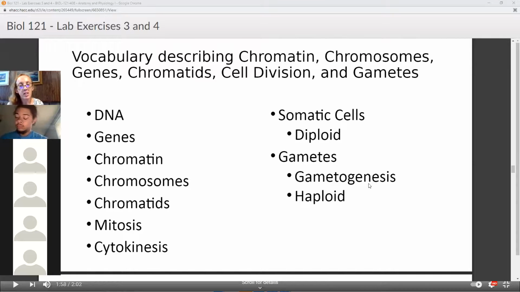And the reason I bring this up is because anytime that you see Genesis on the end of a word, it means the formation of something, the creation of something. So gametogenesis is the formation of gametes. Gluconeogenesis is the formation of glucose.